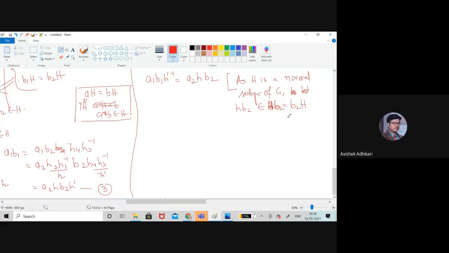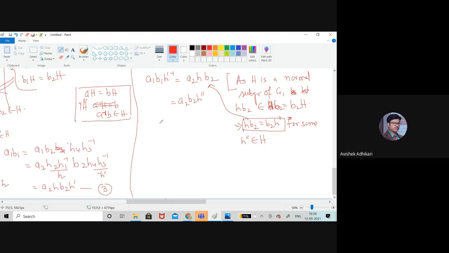That implies H B2 should be equal to B2 H double dash for some H double dash belonging to capital H. So we can put it. That is equal to A2 B2 H double dash. Okay, now you see that it is proved.